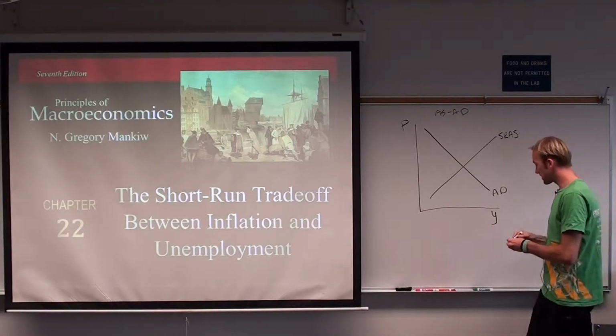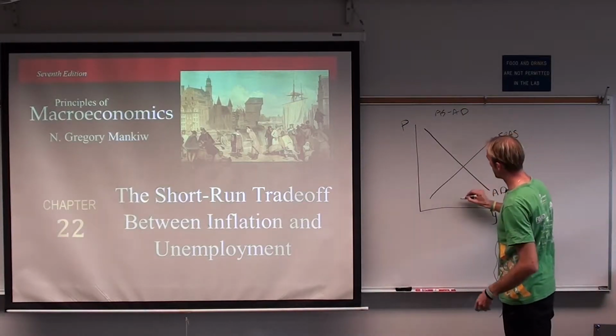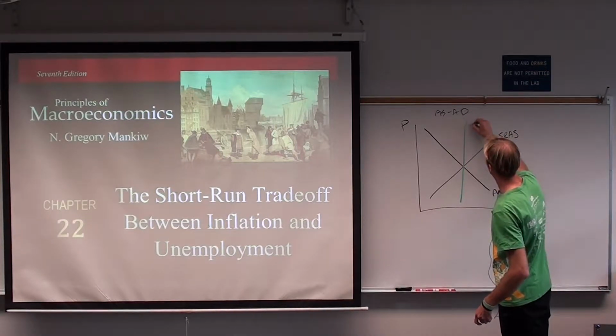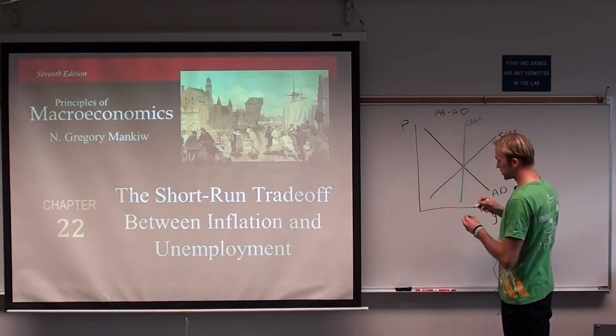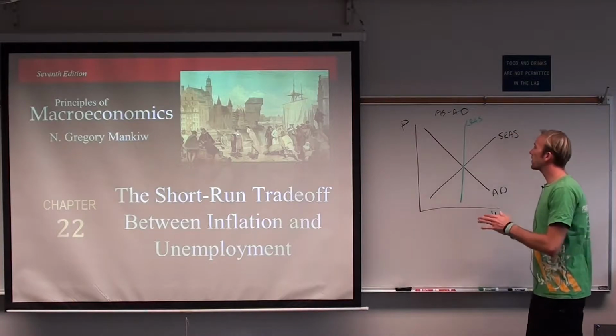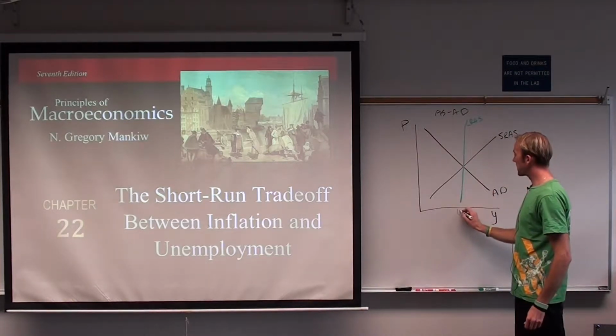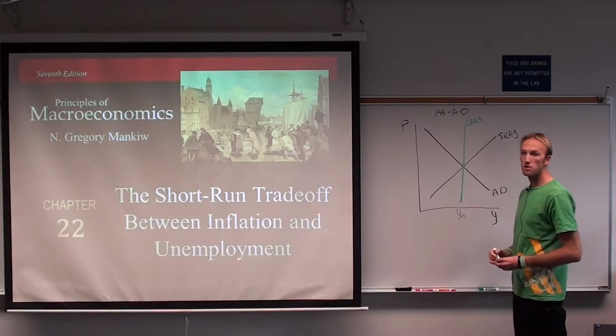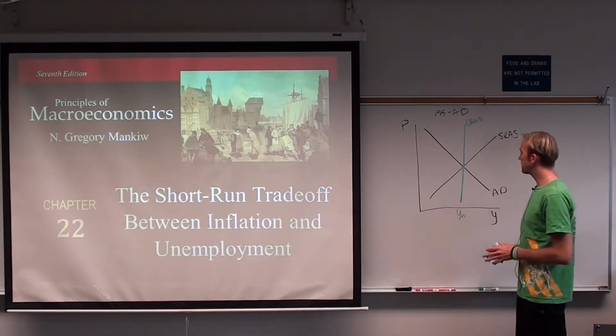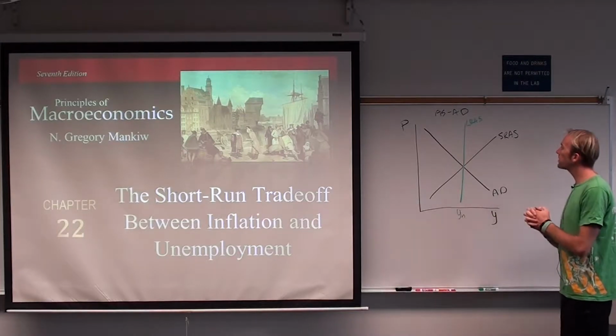And then, of course, there's the long-run aggregate supply, which is straight up and down, okay? And so we always end up coming back to the place where the long-run aggregate supply is. We'll call that the natural rate of production or of output.